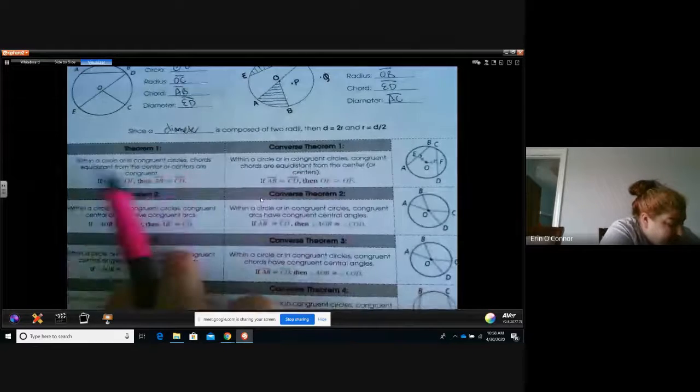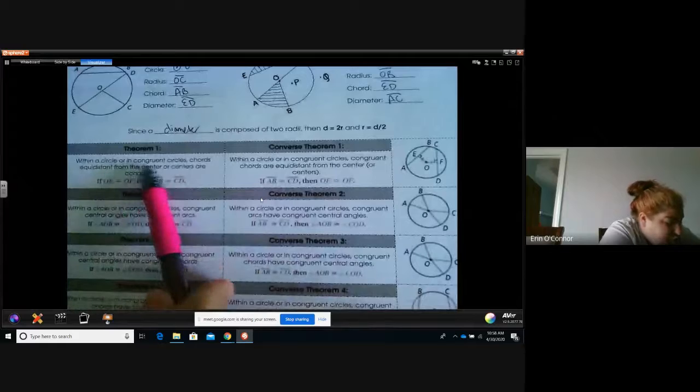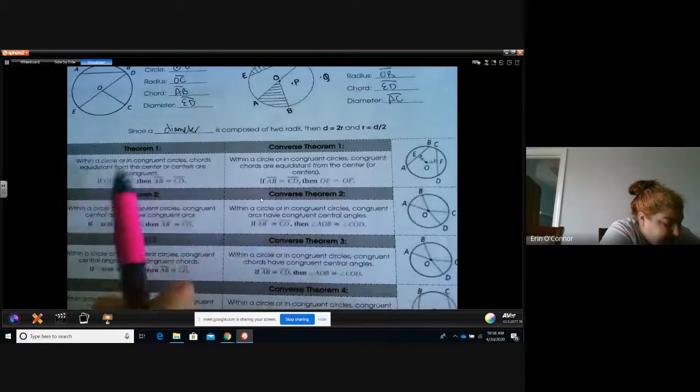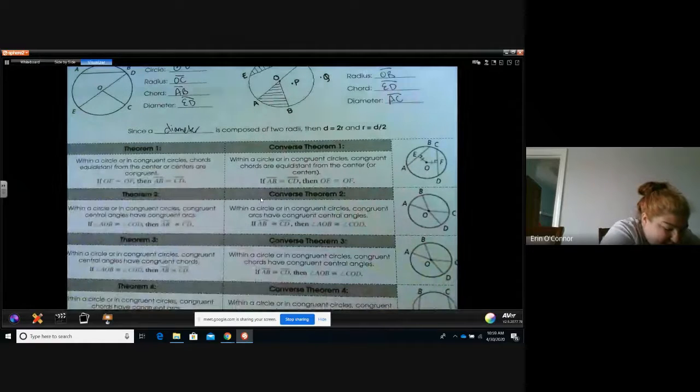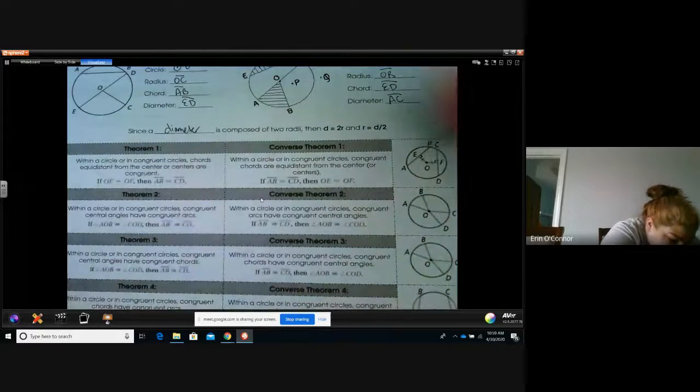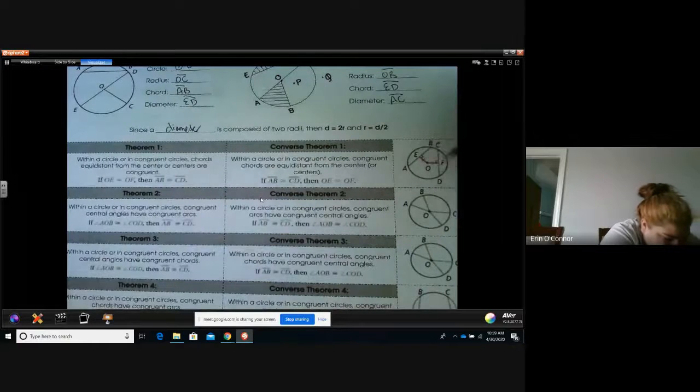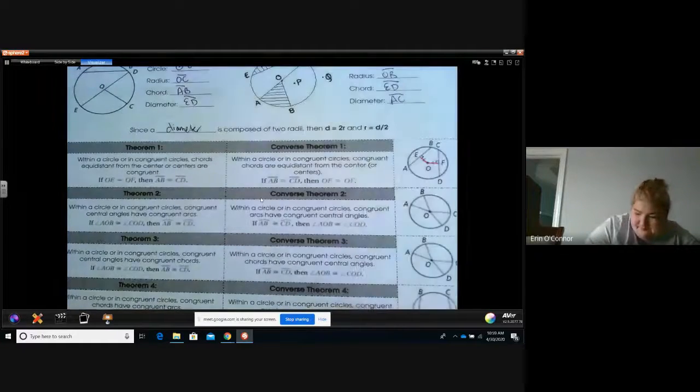Within a circle or in congruent circles, chords equidistant from the center or centers are congruent. So for instance, because this right here and this right here are congruent, you can see that it shows congruency because of those lines right there.